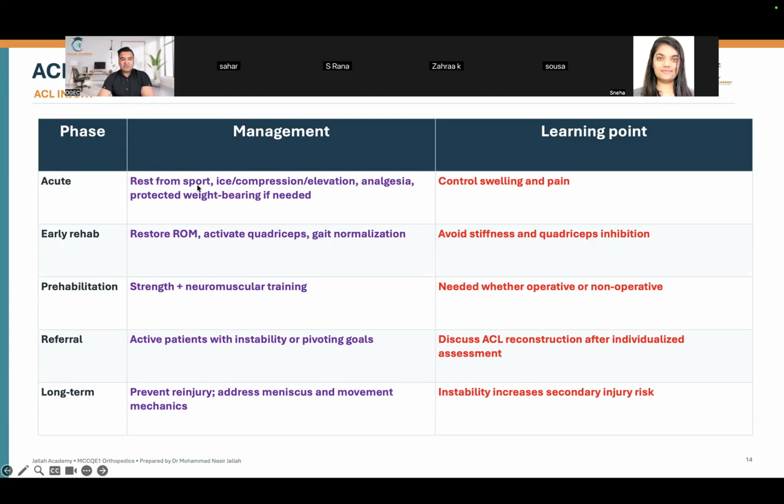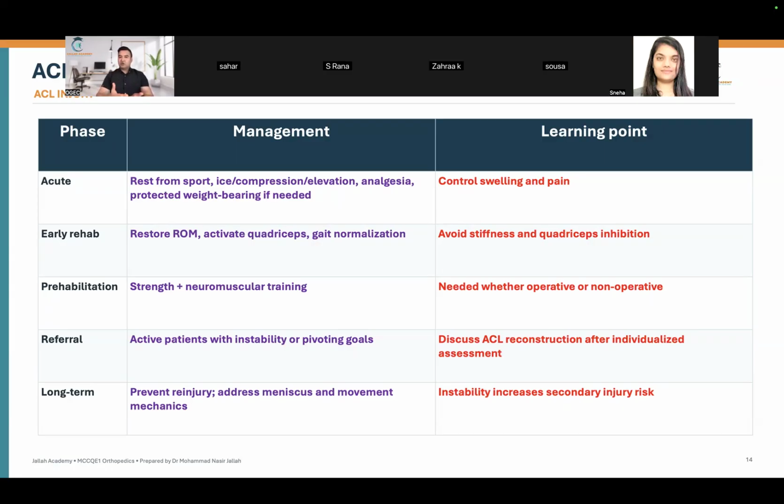So: acute rest from the sport, ice, compression, elevation, analgesic, protect weight bearing if needed. So this is the management. If your patient has an ACL injury, and let's say you did the consultation and everything is done, part of the consultation is the management plan, right? So what is the management plan?